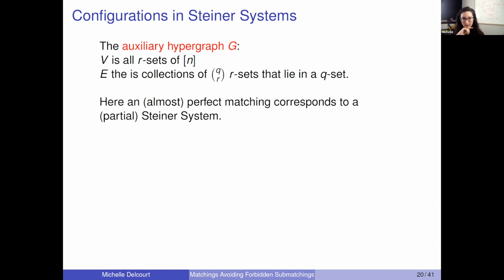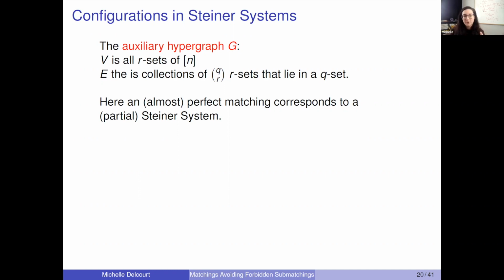We are thinking about exactly which q element subsets to take that don't overlap. And what does that mean? Well, that means that each r element subset lives in at most one q element subset. So here, matching is exactly the right concept. And it's on this hypergraph that Rödl ran his original nibble.